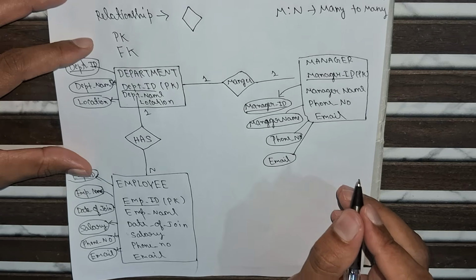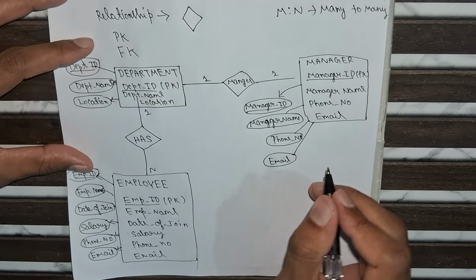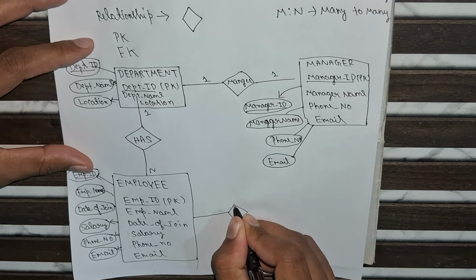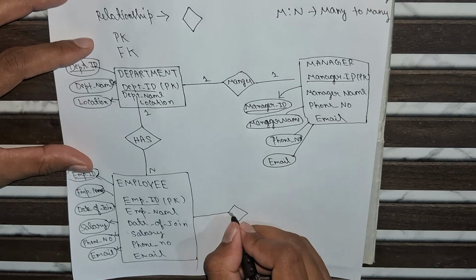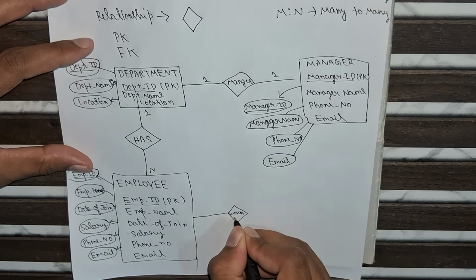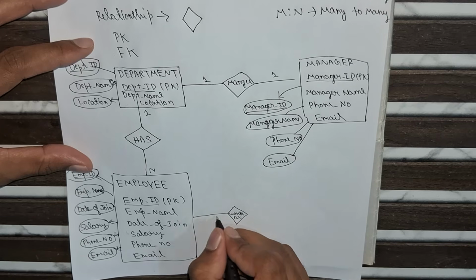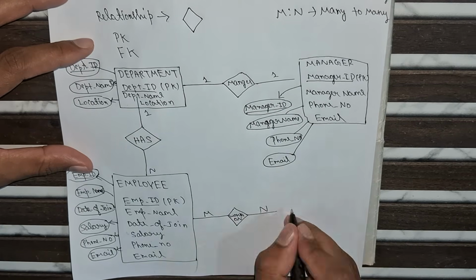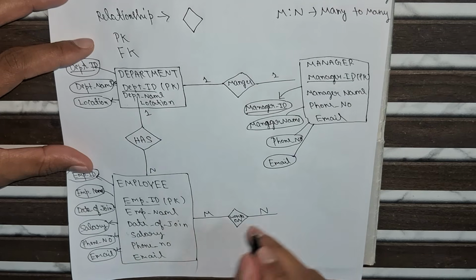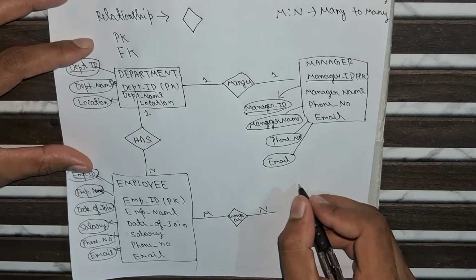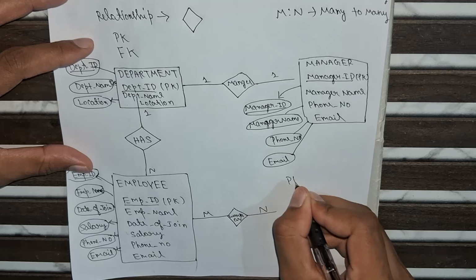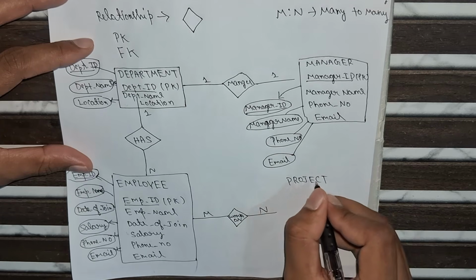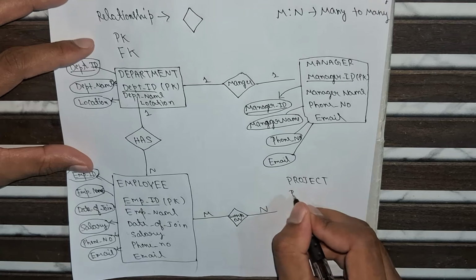Now our last one, which is project. Project is related with the employee. With the employee we will write like this. And what's the relation? It works on. So works on, and it is m to n, meaning many employees can work on many projects. Then we will write project as an entity. Then what are its attributes?